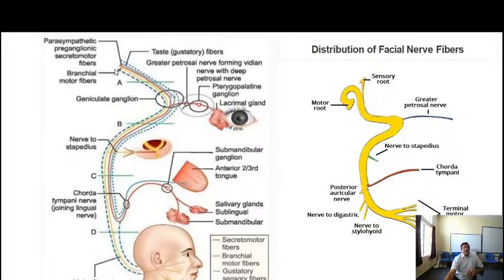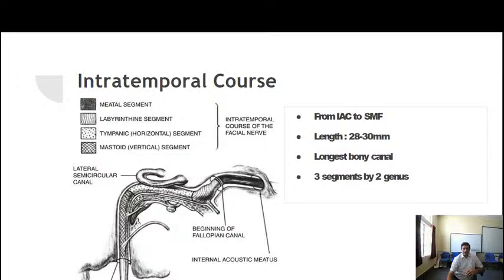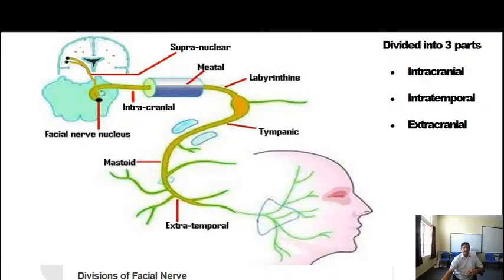Then we come to the motor cortex. We have seen how it travels, and ultimately it comes out through the stylomastoid foramina, and gives rise to the various branches in the face, supplying the muscles of facial expression.